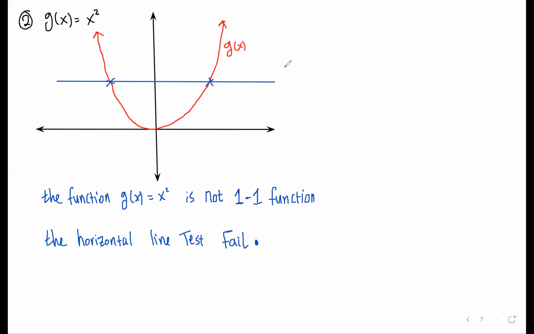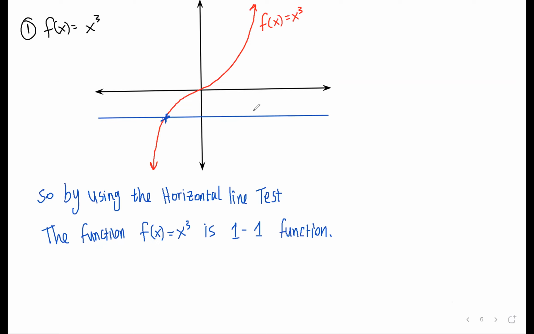Wait, so it fails the one-to-one test because it hits twice, right? Because the horizontal line intersects the graph at 2 points. This means the function is not one-to-one. But for the previous one, the horizontal line, the blue one, intersects the curve at only 1 point.